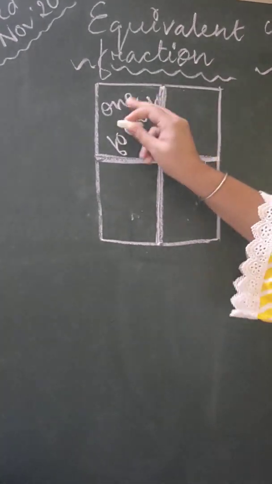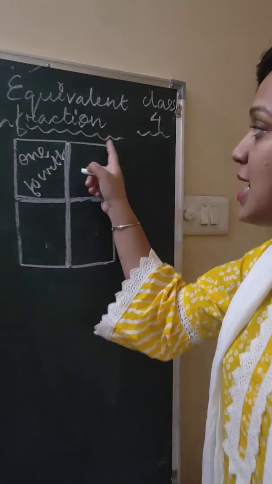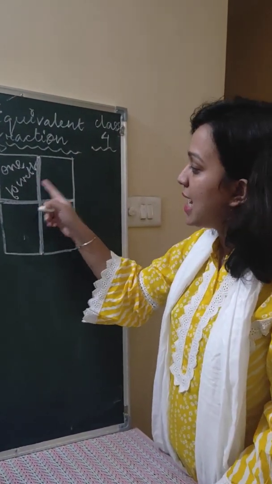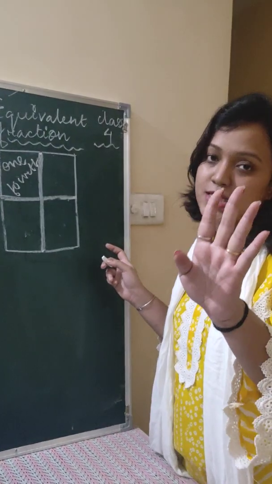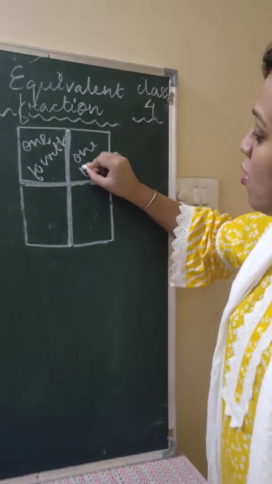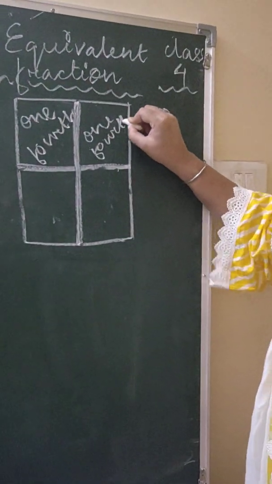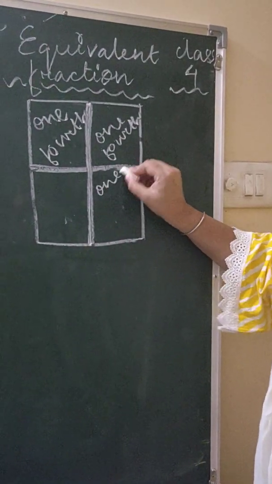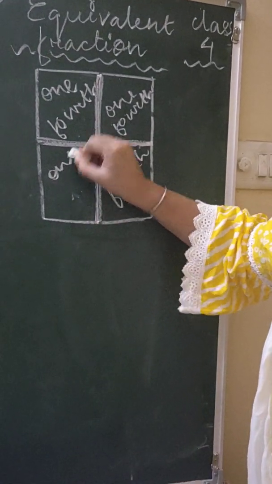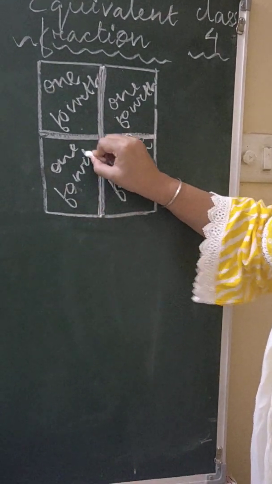Why did I mention 1/4? 1 stands for one entire paper and 4 because it has been divided into 4 parts. So 1/4. Likewise, each small part that you have found here is 1/4. The 4 different parts are each 1/4.